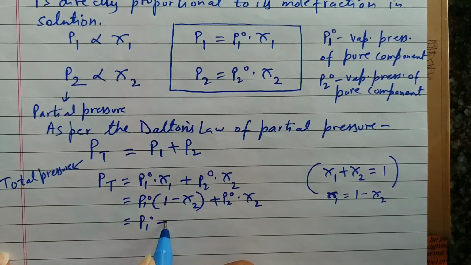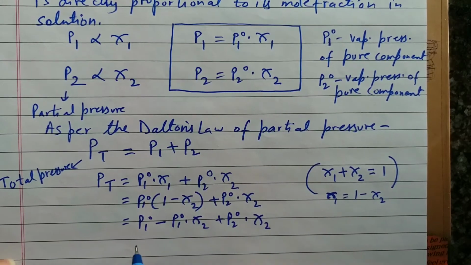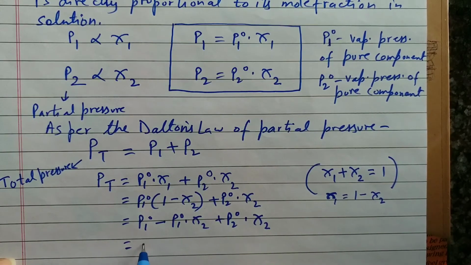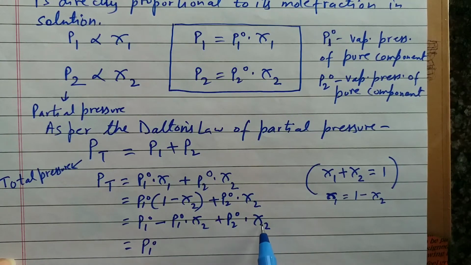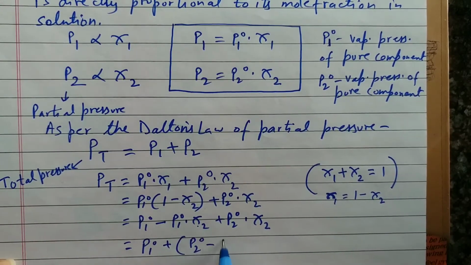So P1 naught minus P1 naught into chi2 plus P2 naught into chi2, and I have rearranged it further. Then P1 naught as it is, and let's take chi2 common from both these terms. So from the second and the third term, if I take chi2 common, what I will be left with is P2 naught minus P1 naught into chi2.